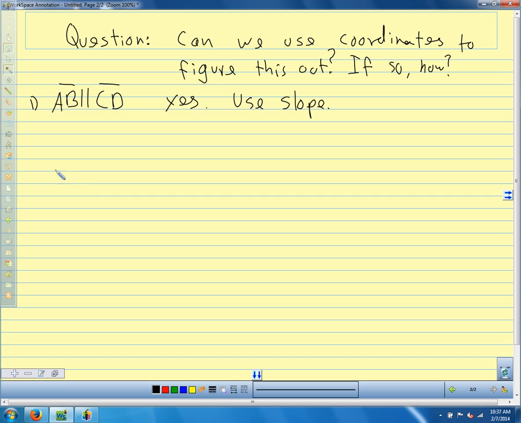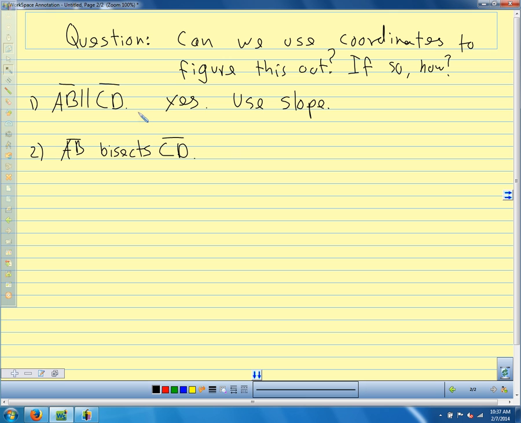How about, so the next question is segment AB bisects segment CD. Could we use coordinates to figure this out? Lace says yes. So first off, what does bisect mean? Cut in half. So cut in half tells us that we might be using what?